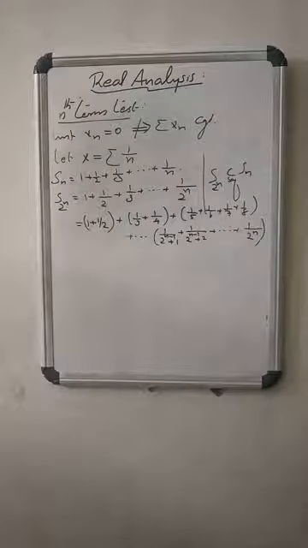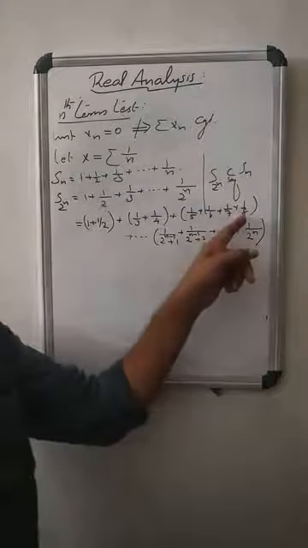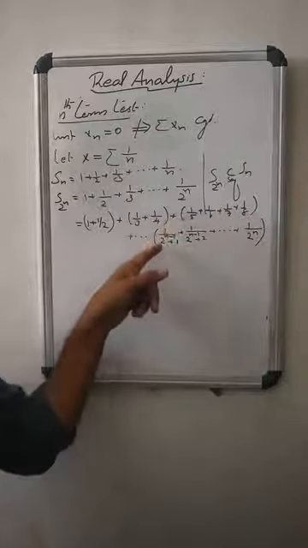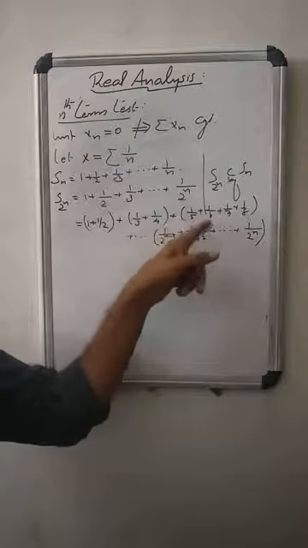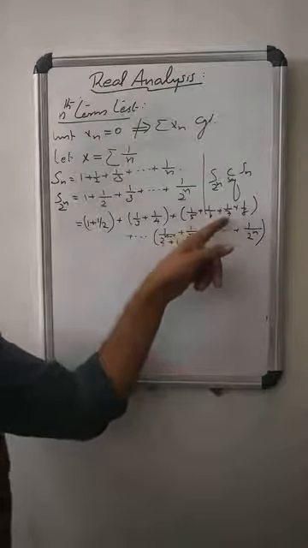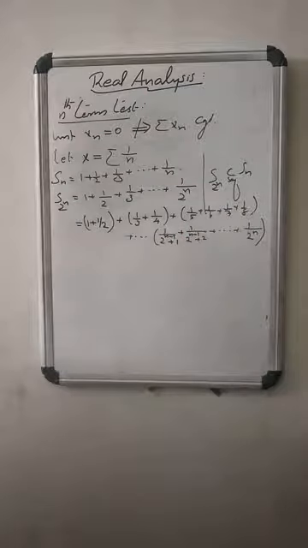Okay, 1 by 2 cube is 1 by 8; 1 by 2 square plus 1 is 1 by 5; 1 by 2 square plus 2 is 1 by 6; 1 by 2 square plus 3 is 1 by 7, and so on.